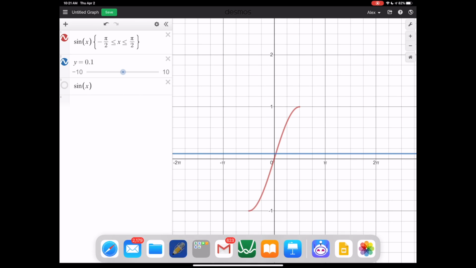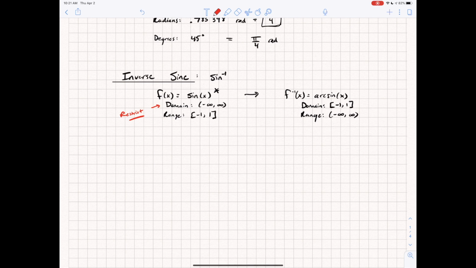And so I need to go into what we wrote here, and I'm going to change what we wrote for the domain, because I restricted it from negative infinity to infinity down to negative pi over 2 to positive pi over 2. This means for my inverse, my range has now been restricted to negative pi over 2 to positive pi over 2.